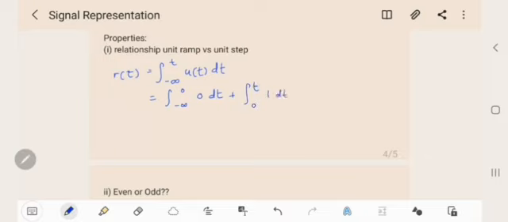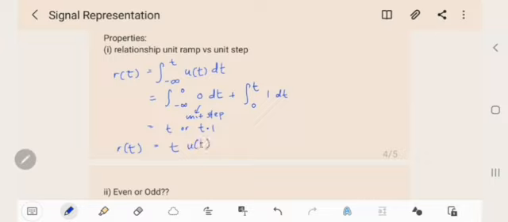So we get t multiplied with 1. So we can see our r(t) is equal to t multiplied with u(t).